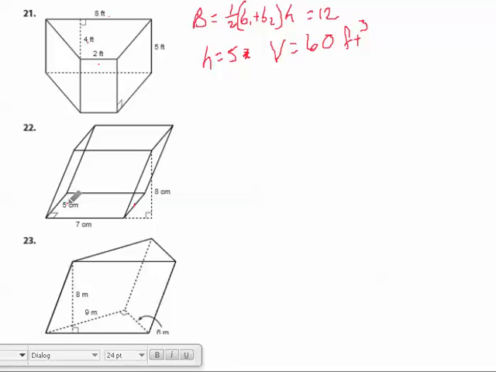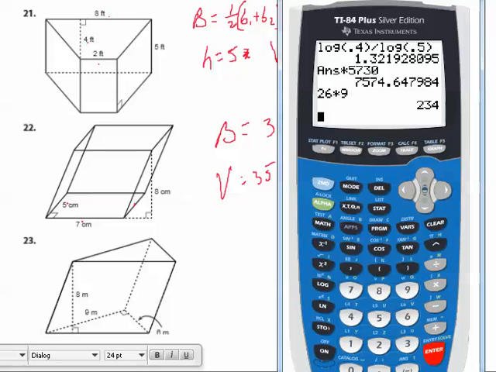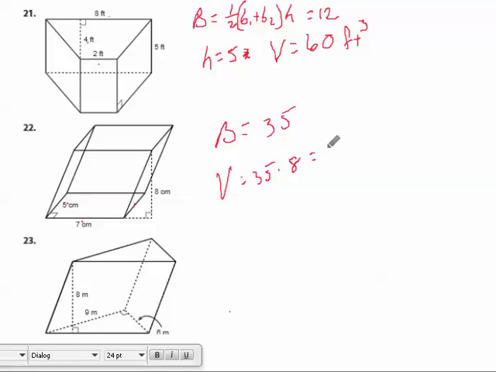We've got a 5 by 7, so my base is going to be a 35. And to find the volume, I'm going to take 35 times the 8 height. Can't do that one in my head. 35 times 8 is equal to 280 centimeters cubed.